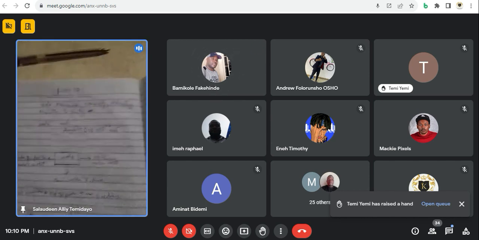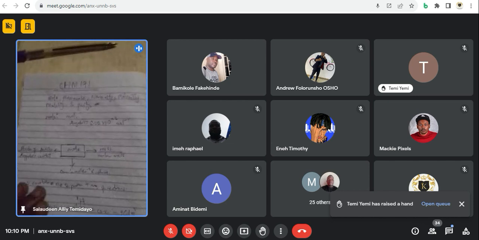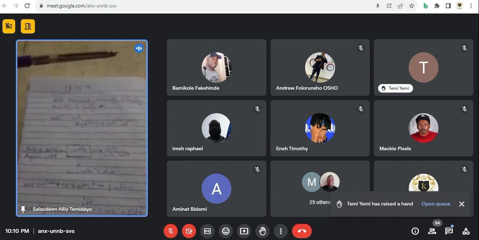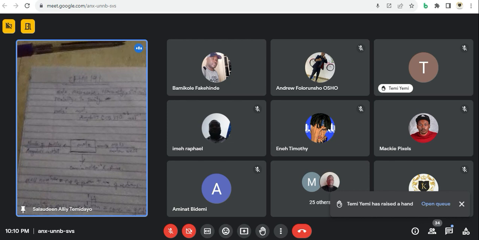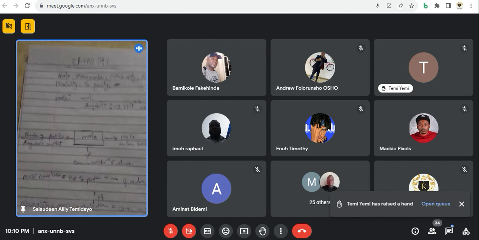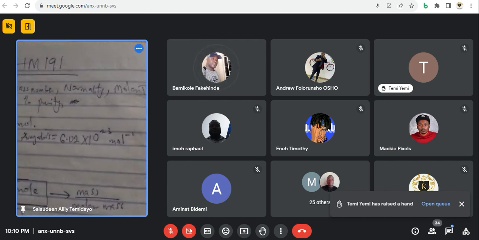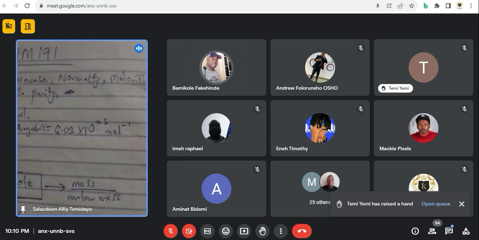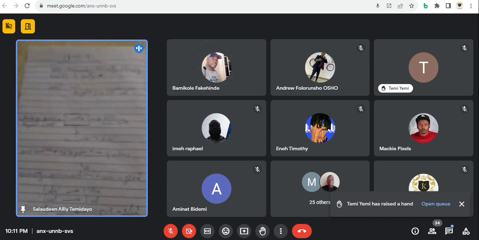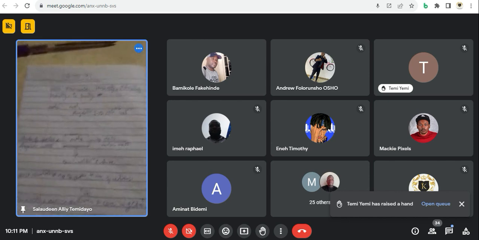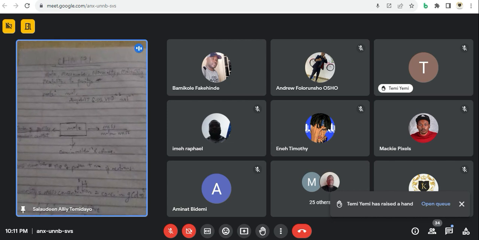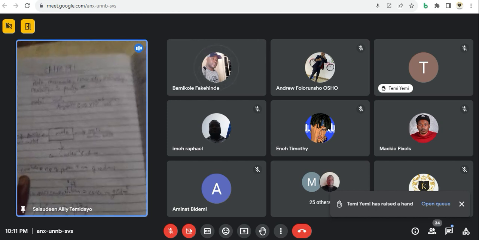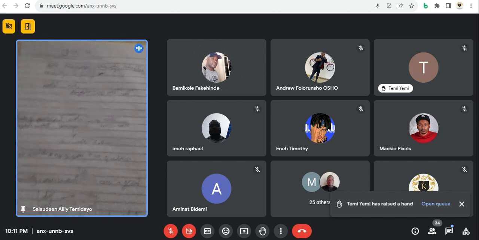We can also calculate it using the number of particles and Avogadro's constant. The number of particles could be number of ions, number of molecules, or number of atoms, while Avogadro's constant is 6.02 times 10 raised to power 23 per mole. Also, mass number equals number of protons plus number of neutrons.